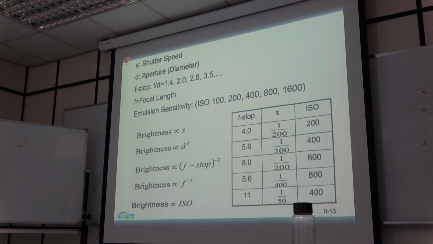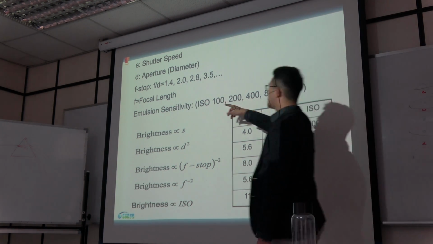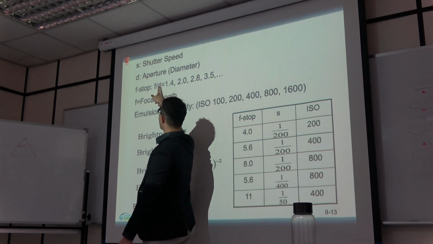So eventually, this is the relationship. The brightness on the image is proportional to the shutter speed and to D, the aperture. So the larger the aperture, the brighter your image will be. And here we have something called f-stop, and also f-number. If I remember it correctly, the f-stop is the focal length divided by the aperture.